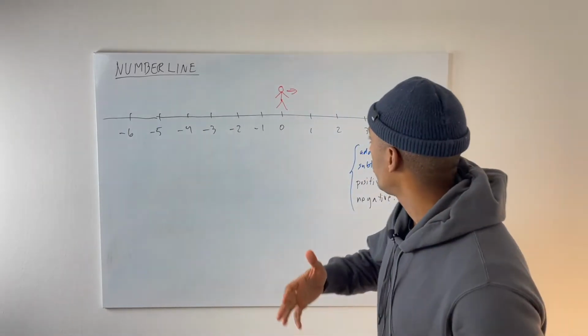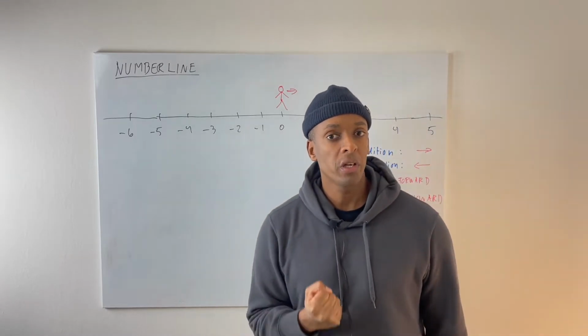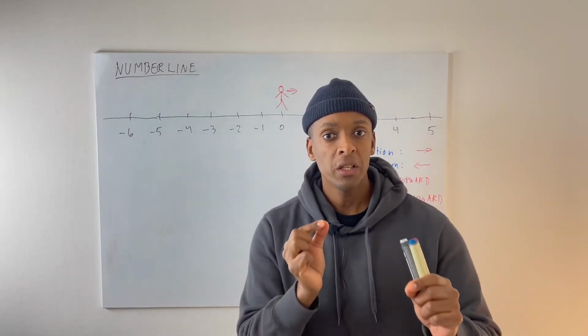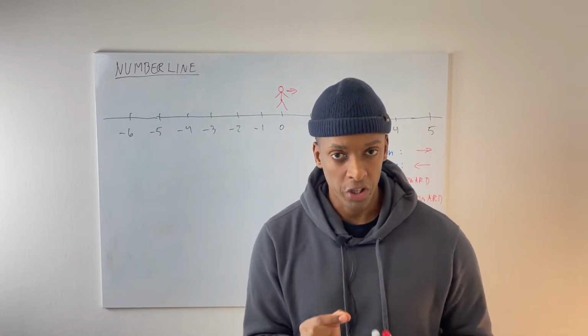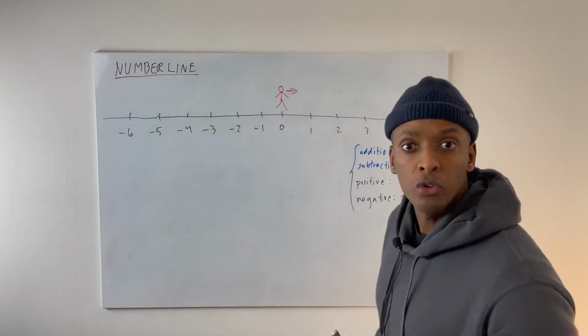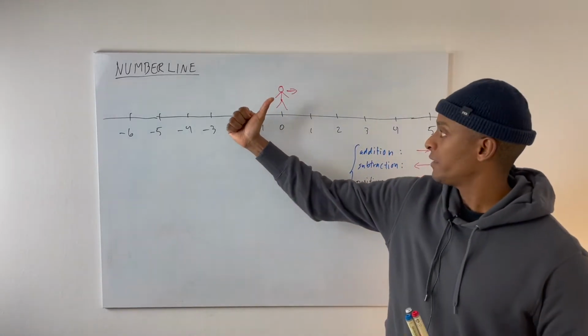So here again, we have the number line. And now we're going to use the number line in order to understand how subtraction and addition works. Okay? So I want you to think of addition as facing this way.